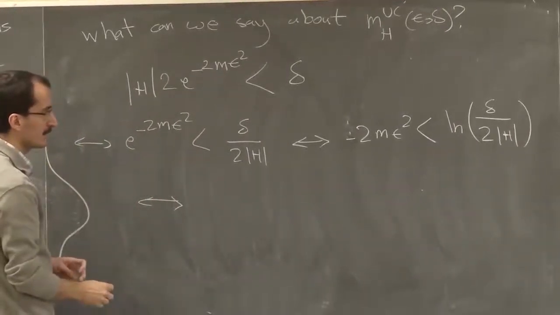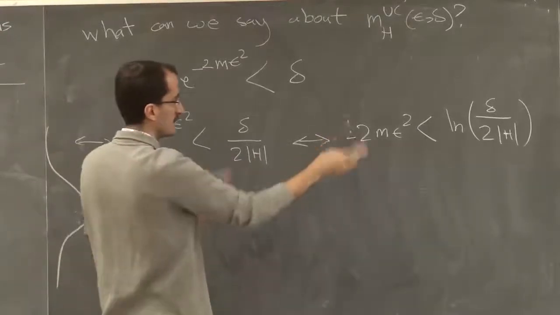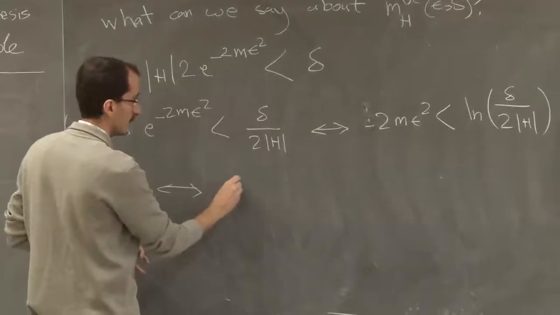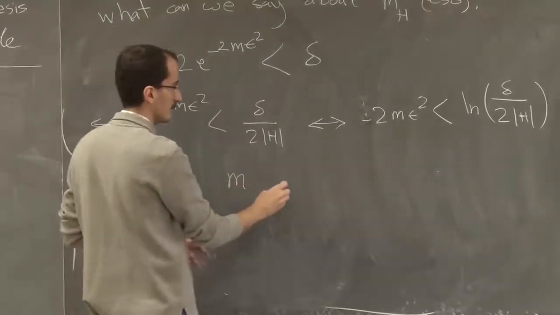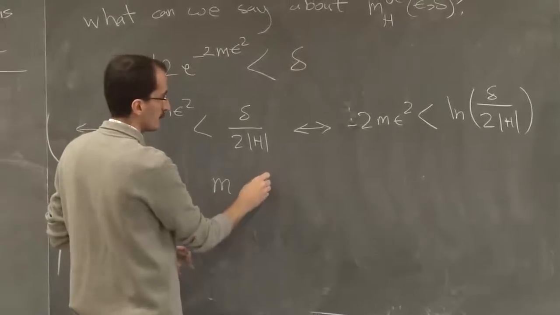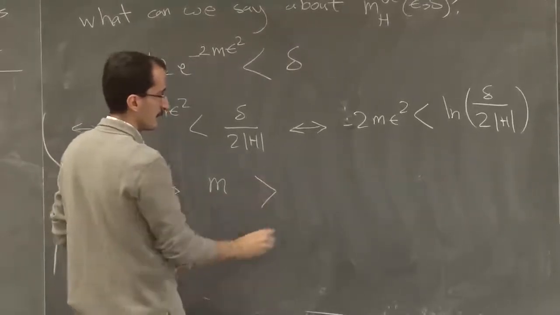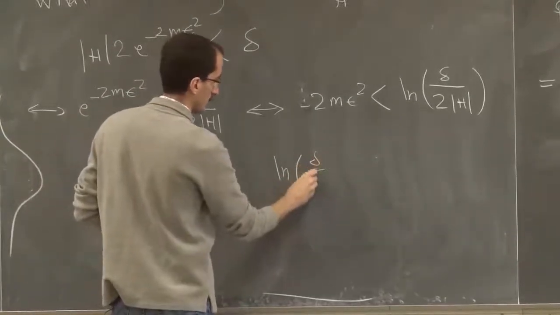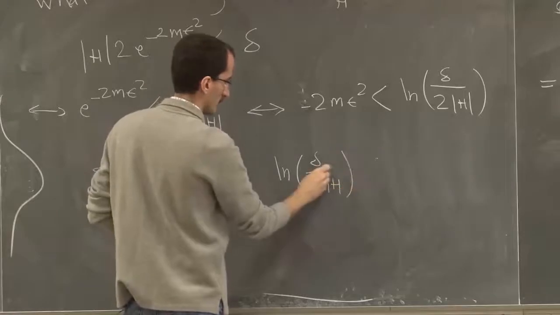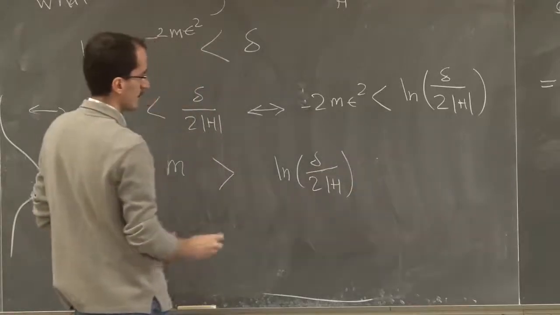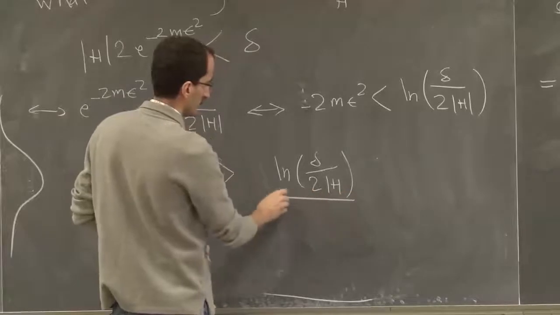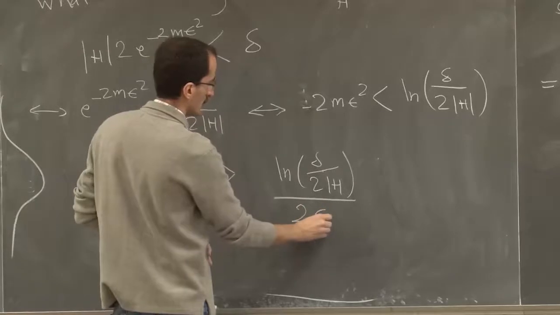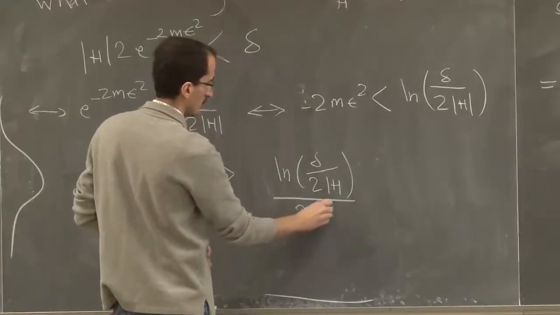Next step, because it's negative, it will reverse the inequality, and so m should be larger than ln of delta over 2h over 2 epsilon squared.